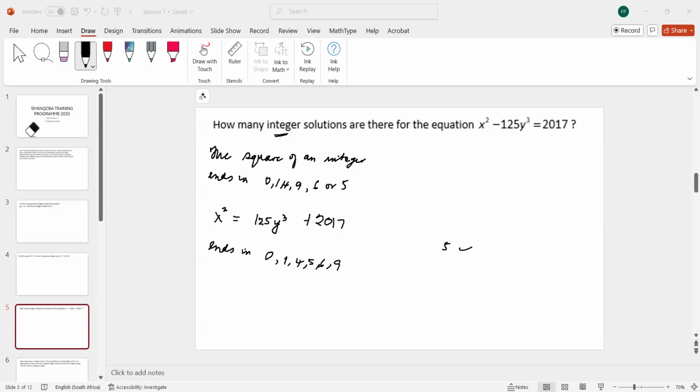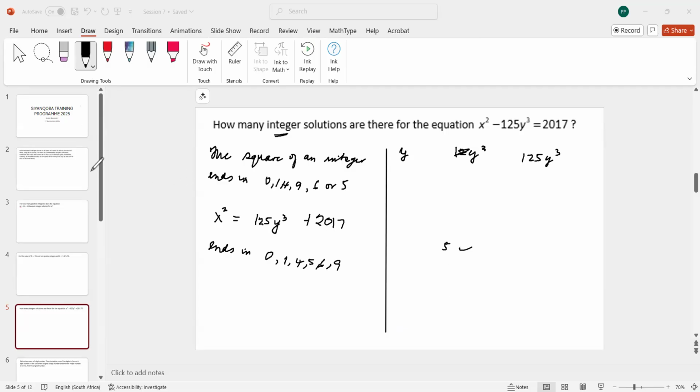Y is an integer, so let's take certain values for y and then work out y cubed, and then 125 y cubed.